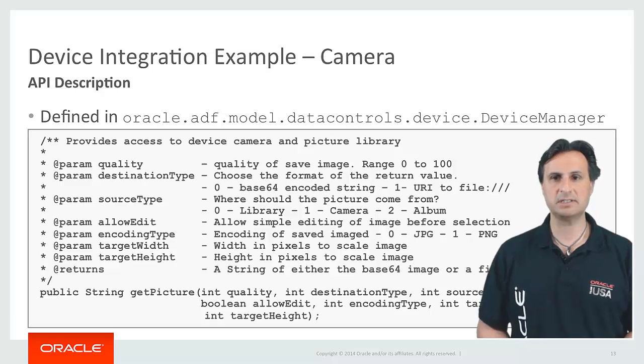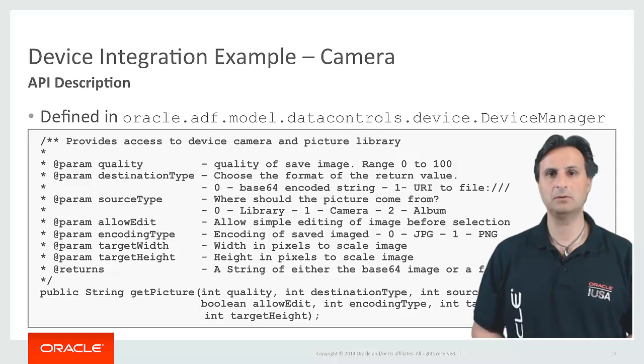So these are the settings that you can do, and so we just see here the API definition, and then you call the device manager and it will give you exactly the image, and you work with the image.